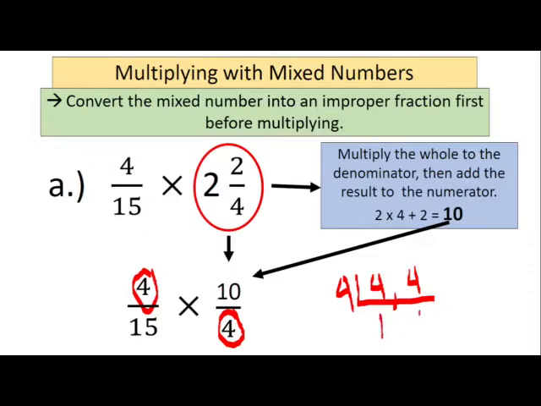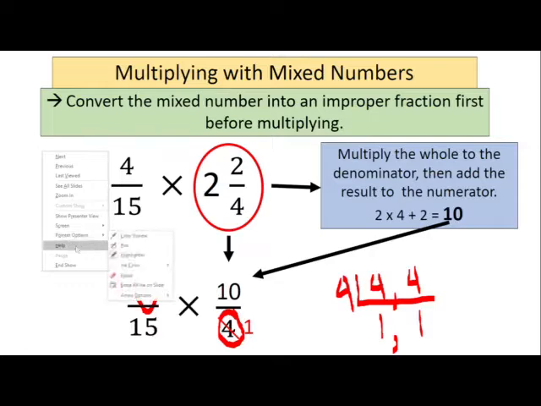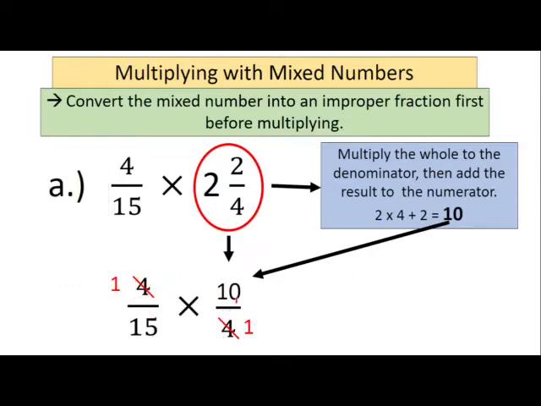And both of the 4's in here, pareho lang silang magiging 1. We cancel first before we multiply for an easier multiplication. Next, after that, kung meron pa, ganun din, let's simplify as well. Look at 10 naman in here. Can we pair it with 15 and we can simplify them both? Of course.